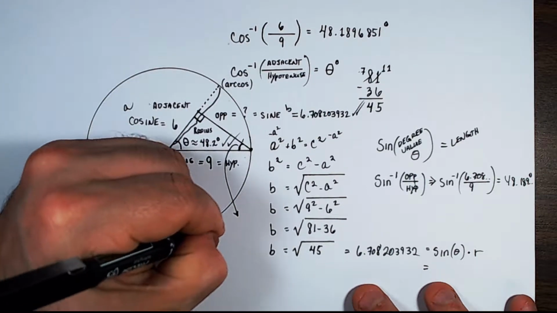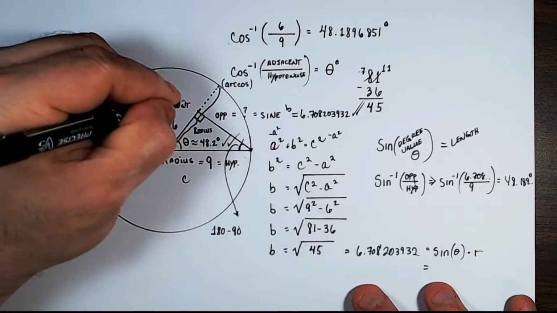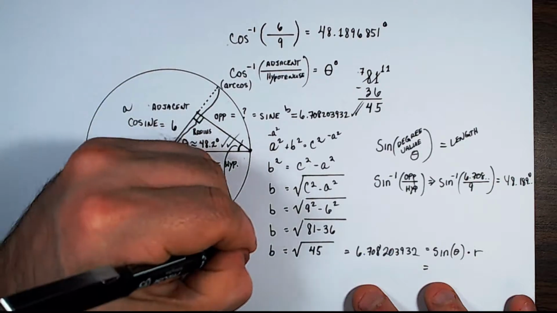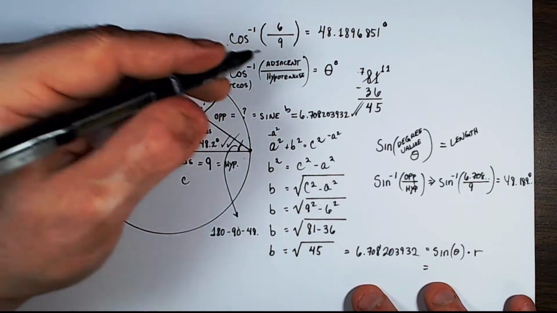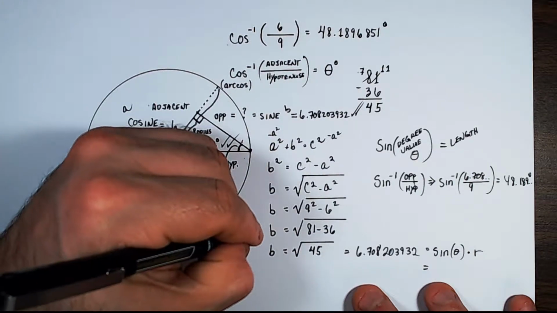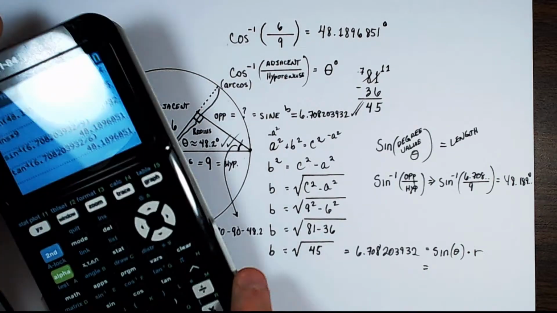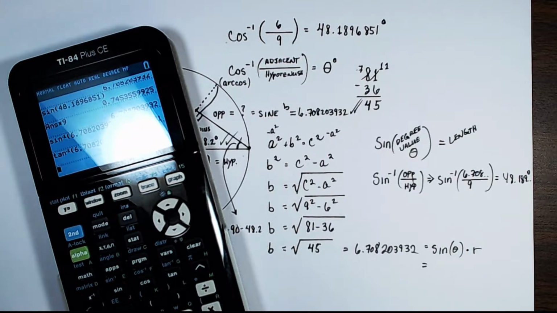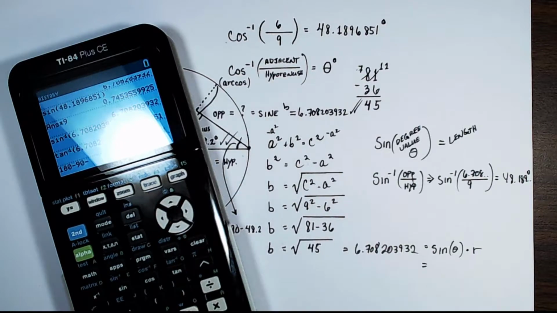So we can subtract 90 for that angle, and then minus 48.2, or 48.1896851, and that will give us 180 minus 90 minus that angle gives us 41.81.